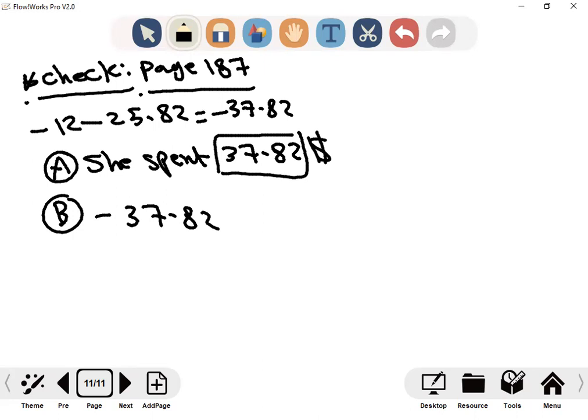She lost 37.82. What is it? Zoe spent again. She lost. She earned. She lost 37. How do we make it 0? To earn 37, right? So which part in part C do we choose? Part A. This is the check of example 2.